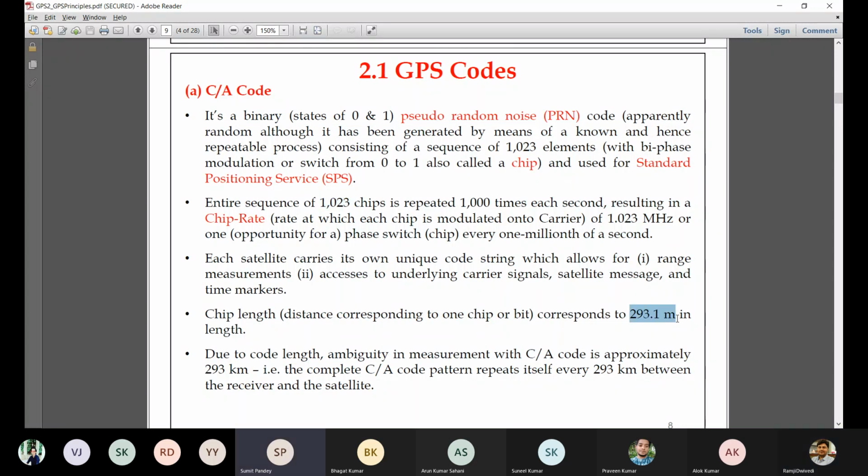Now you can also ask, sir, why this value only? Because there is a calculation behind it. We'll discuss this in the next slide, but this is only one chip. Then the whole code is 1023 chips, approximately 293 kilometers in length. The last line is saying that.